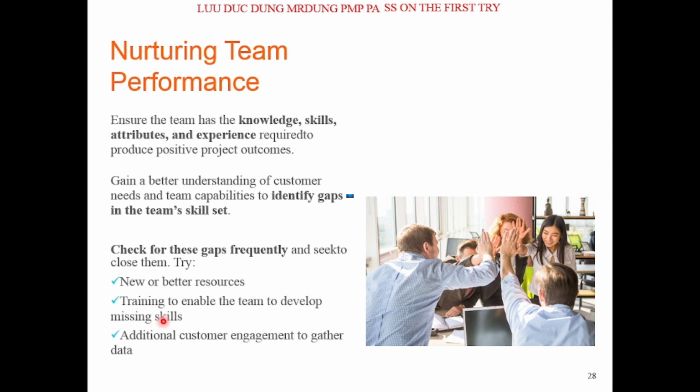Try new ways for better results. Train or enable the team to develop this skill. Additional outcome: engagement to gather data. You have to check and find out the knowledge and skills of the team member and identify gaps in the team skill set. He or she lacks something.